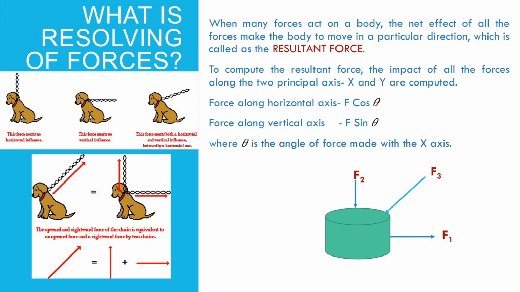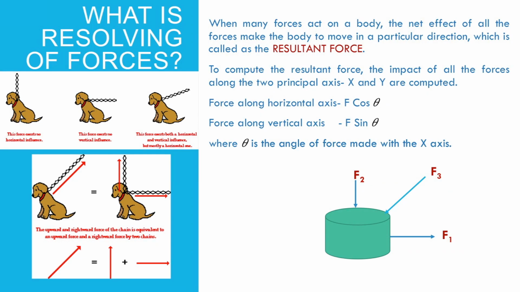What is resolving of forces? In the picture, I can see a dog that is chained, and the chain is along the vertical direction, in the horizontal direction as well as in the inclined direction. The third picture, the inclined direction, is the normal way a dog is pulled by a chain.